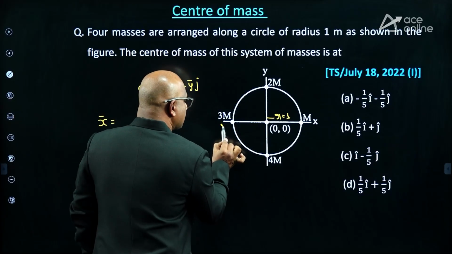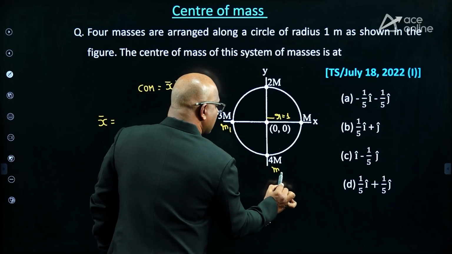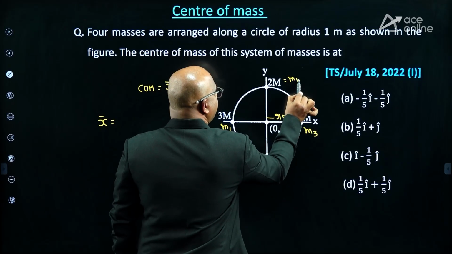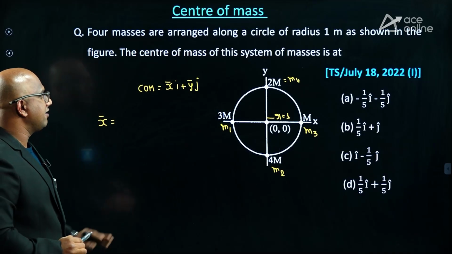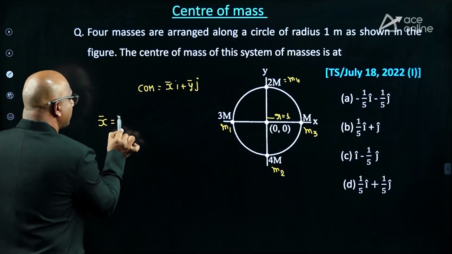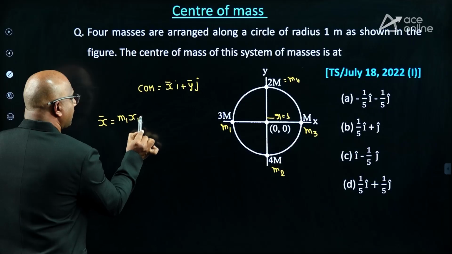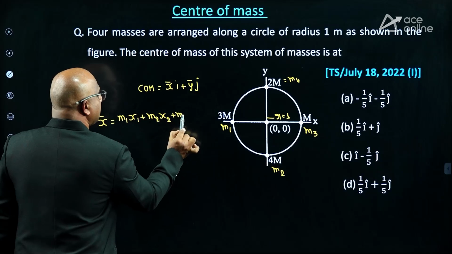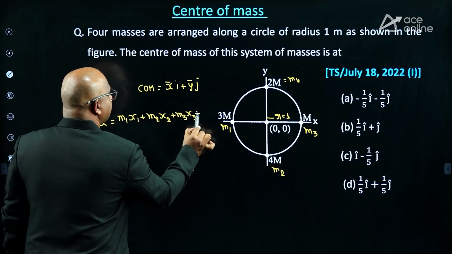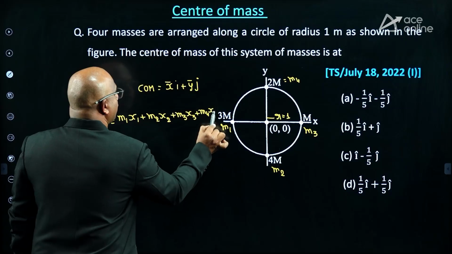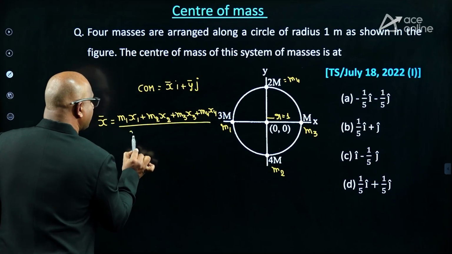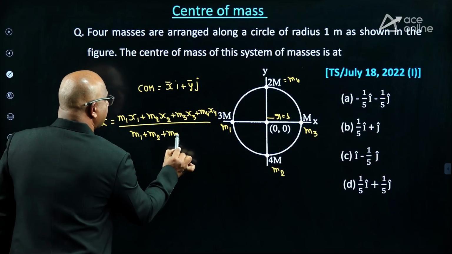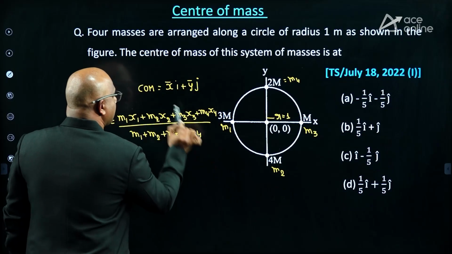I am giving the names: this is m1, this is m2, this is m3, this is m4. So the x bar formula is m1 x1 plus m2 x2 plus m3 x3 plus m4 x4 by m1 plus m2 plus m3 plus m4.